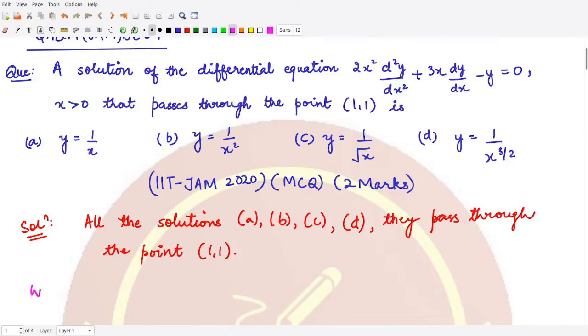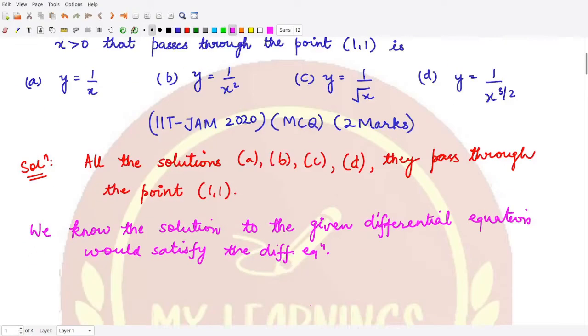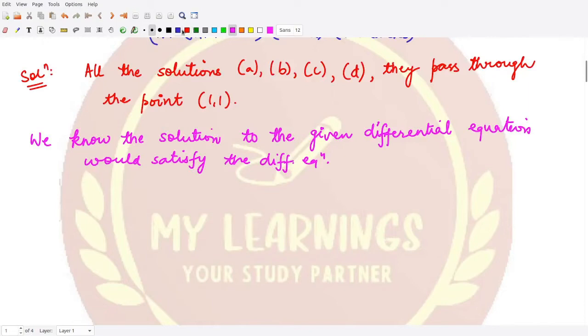We know the solution to the given differential equation would definitely satisfy the differential equation, right? So let's go and check all the options here.